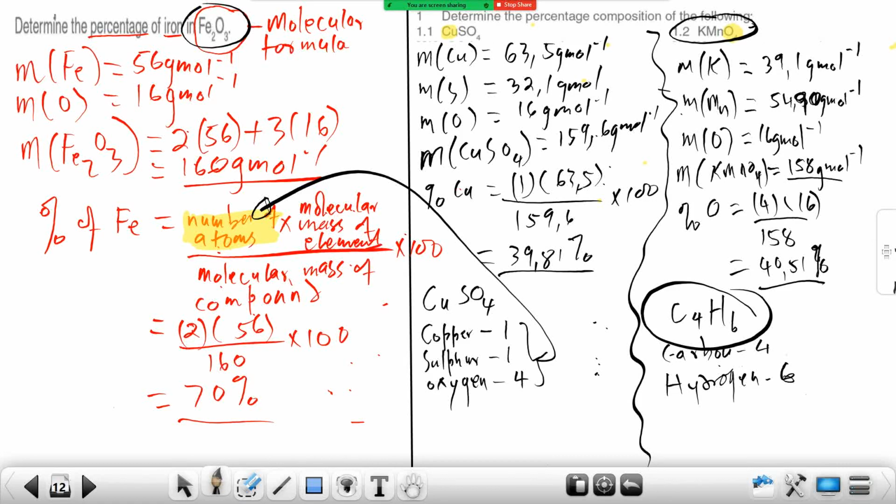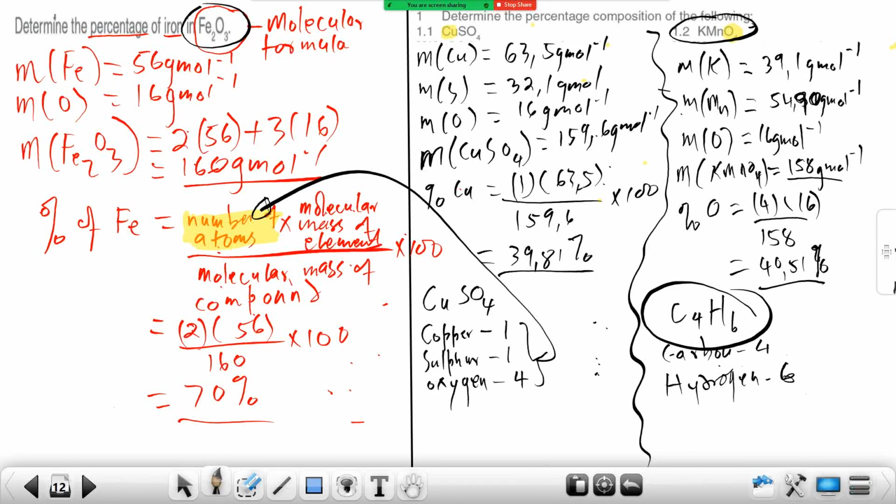Remember, in this case, we are interested in percentage composition. But if we're going to calculate the number of atoms using that Avogadro number, the question will clearly state calculate the number of atoms. So in this case, we are just looking at the formula that is given and now the composition or the elements that makes up now the compound we are looking at. So don't confuse it, Mr. Mocheche, with the one of Avogadro number.